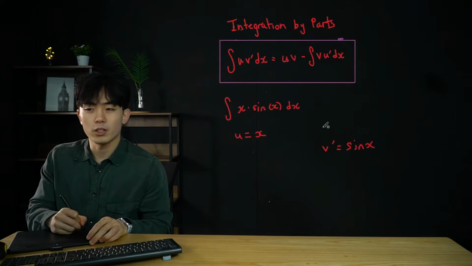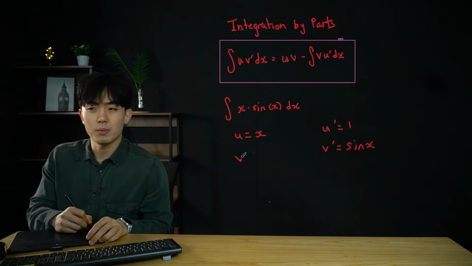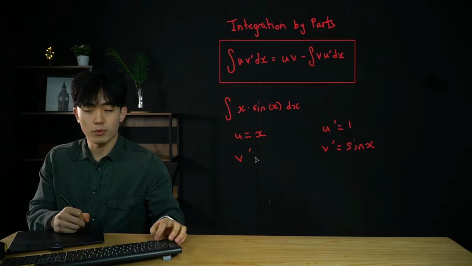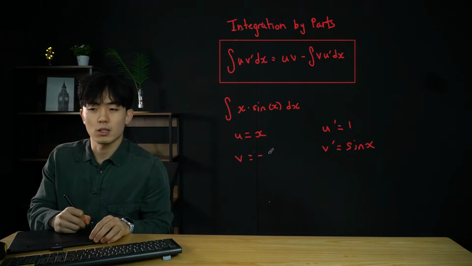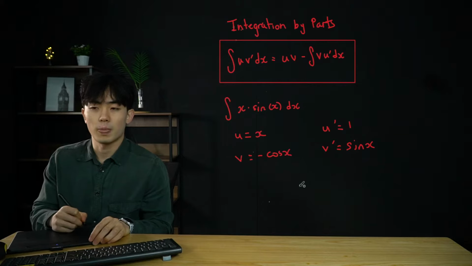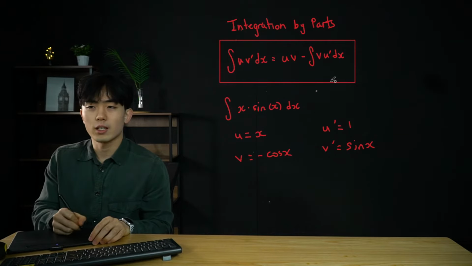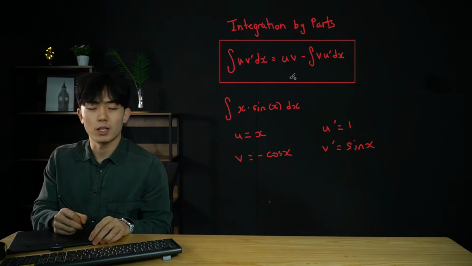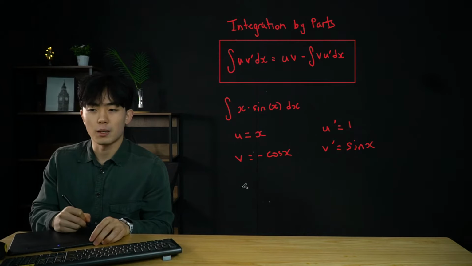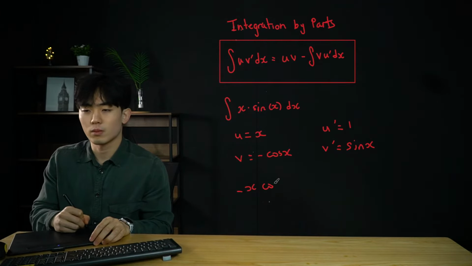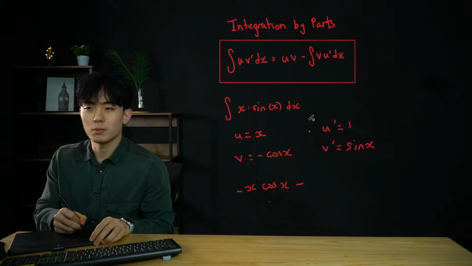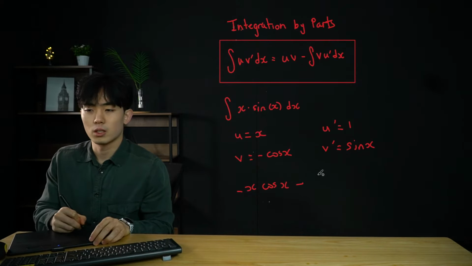Differentiating u, we'll get u prime, and that's just going to be 1. And our v is just going to be minus cos x. Following this formula, our uv will be minus x cos x, and we have minus the integral of v u prime, so that's minus cos x.